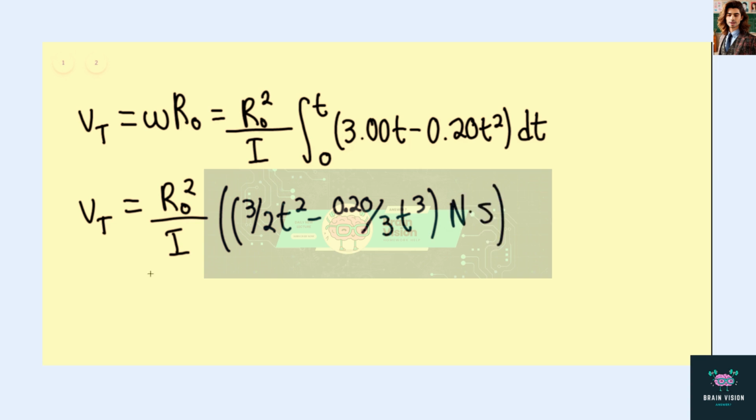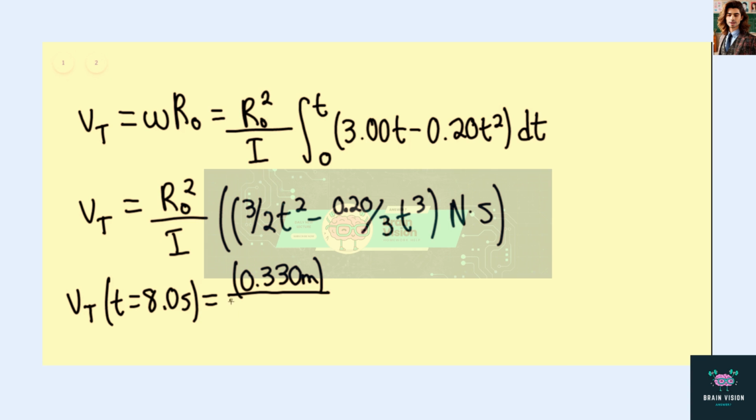And we can then say that the tangential velocity at t equaling 8.0 seconds would equal the radius of 0.330 meters divided by the moment of inertia, 0.385 kilogram meters squared.